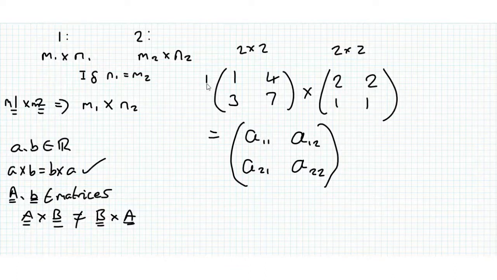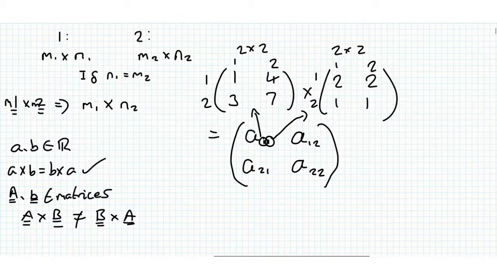Okay, and this is row 1, 2, column 1, 2. So this number takes us to this matrix, and this number takes us to this one.